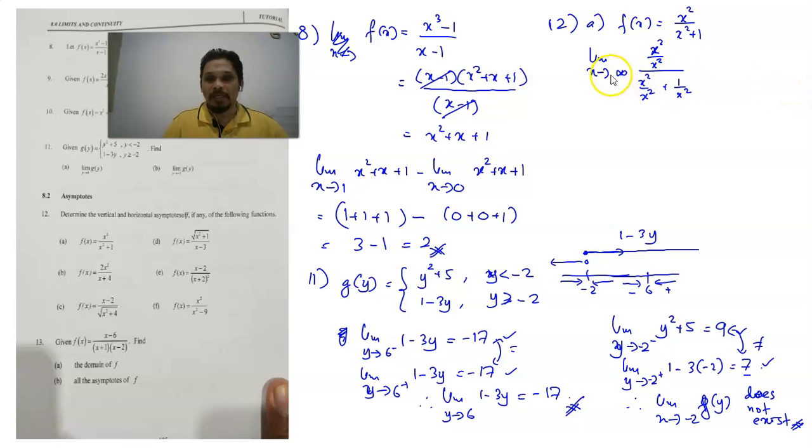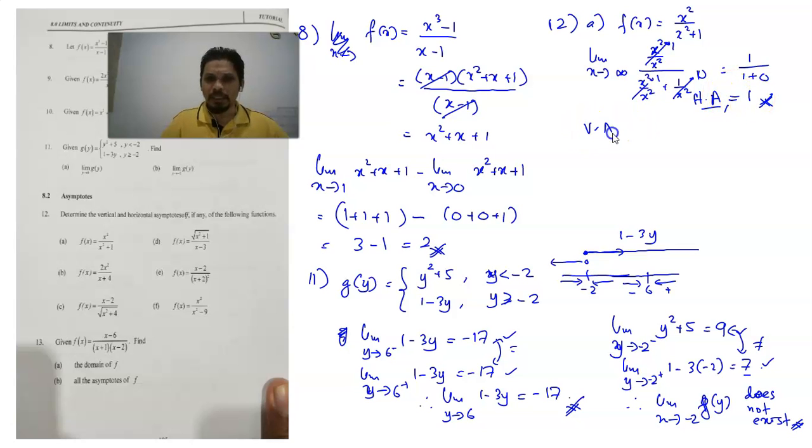As x approaches positive or negative infinity, 1 over x squared goes to 0, and this is 1, and this is also 1. We come out with 1 divided by 1 plus 0 equal to 1. By the way, this is for the horizontal asymptote. HA, horizontal asymptote, y equal to 1.